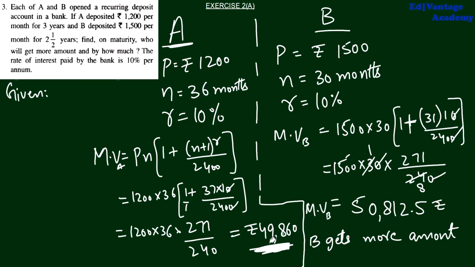For that, you need to subtract 50,812.5 minus 49,860. So you will get B gets more amount by 952.5 rupees. So this is by how much B is getting more than A. Moving to the next question.